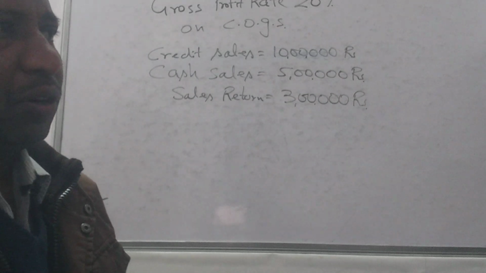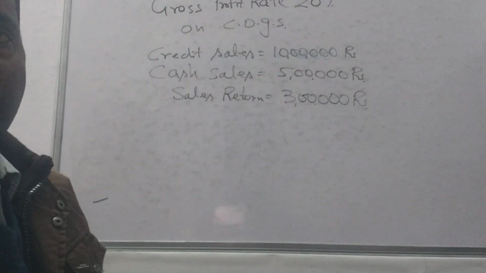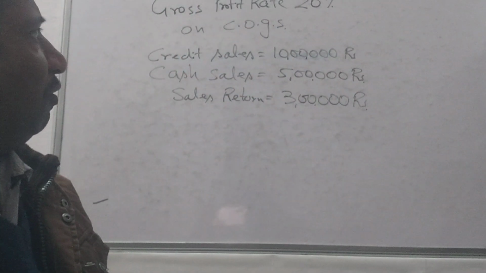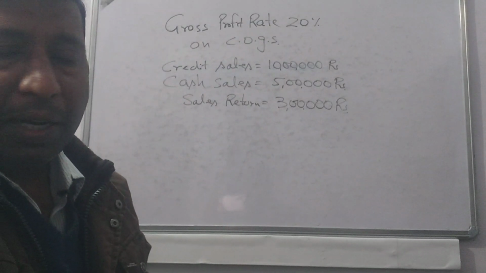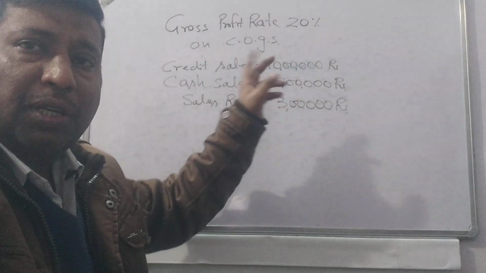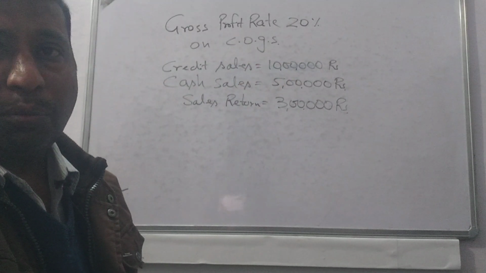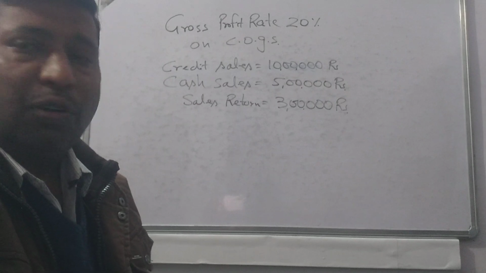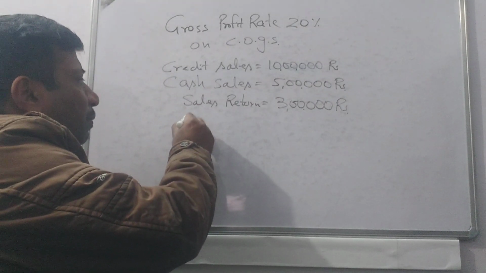Further, they are indicating gross profit rate 20% on COGS. COGS, cost of goods sold information they are providing us. So first of all, we need to find the amount of gross profit.